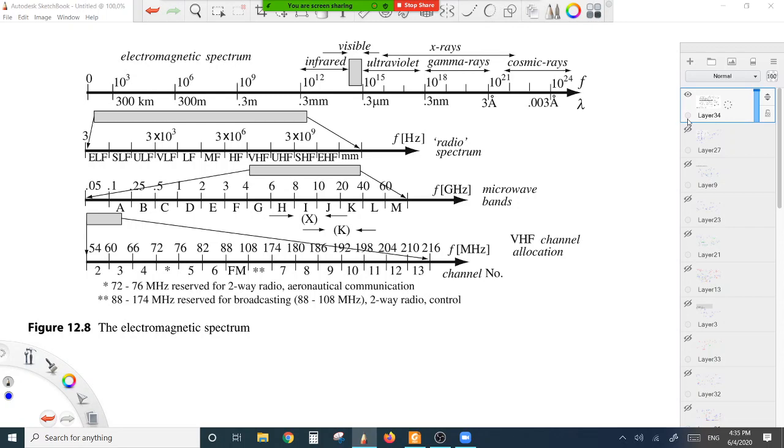This fact is quite important in applications of electromagnetic waves. For example, we know that low frequency sound is able to propagate to larger distances.